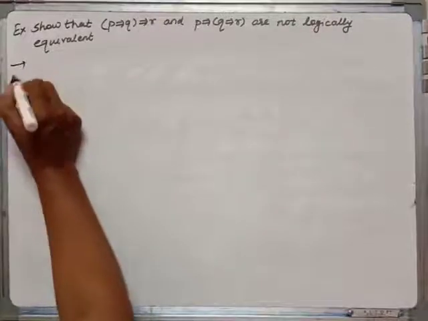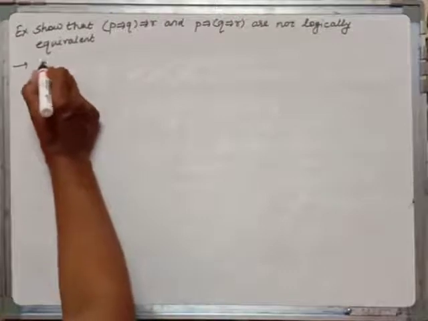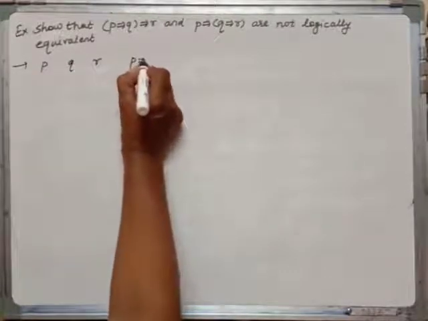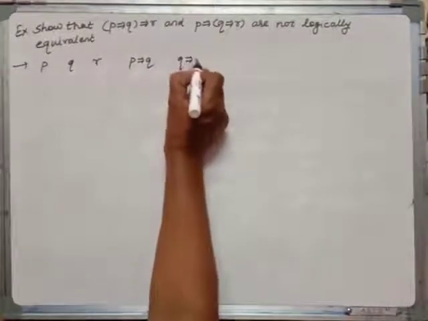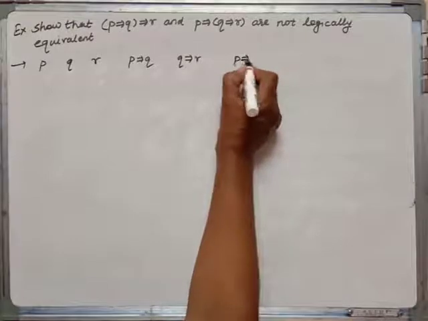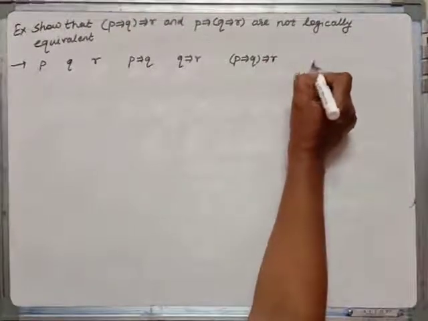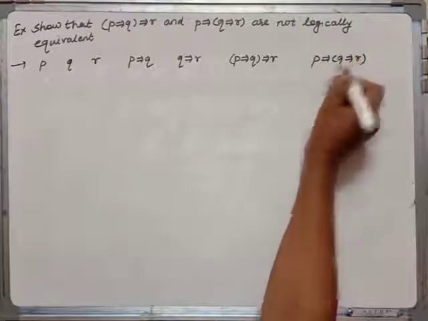Okay, so now let us prove it using a truth table. So P, Q, R. Let me take P implies Q, then Q implies R. Here let me take (P implies Q) implies R and P implies (Q implies R).